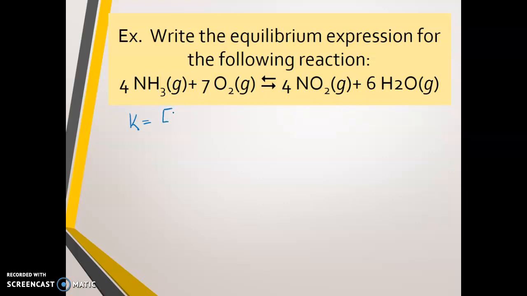So we have the concentration of NO2 and the coefficient is 4, so raised to the power of 4, times the concentration of water raised to the power of its coefficient, which is 6, divided by our reactants now, the concentration of NH3 raised to the power of 4, and then oxygen raised to the power of 7. So that is going to be our equilibrium expression.